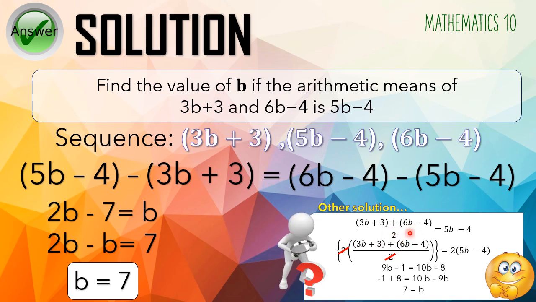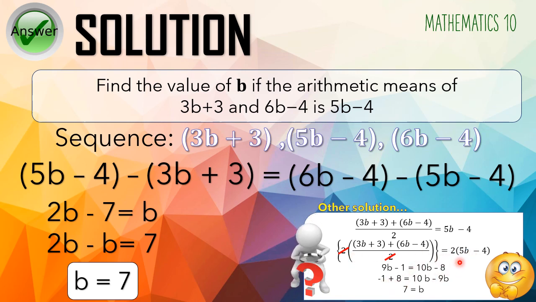And here, since the arithmetic mean is 5b minus 4, this one would be the average already. It's given. So that is why we equated these two concepts. And of course, to simplify this one, to eliminate the 2 as our denominator, to make the equation simple, we just simply multiply both sides by the reciprocal of our denominator, which is 2, and that is here. So you can see we multiply both sides of our equation by 2.